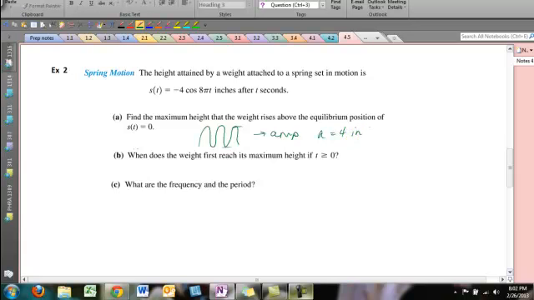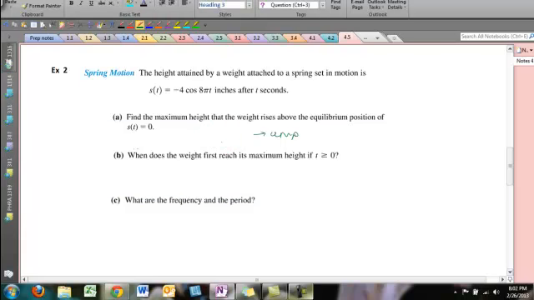Now, when does the weight first reach the maximum height? Well, wouldn't that be related to the period? In other words, we're going to use the period in order to figure out where that maximum height is.